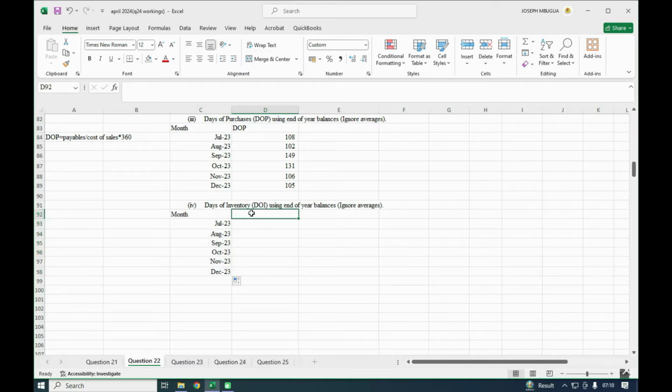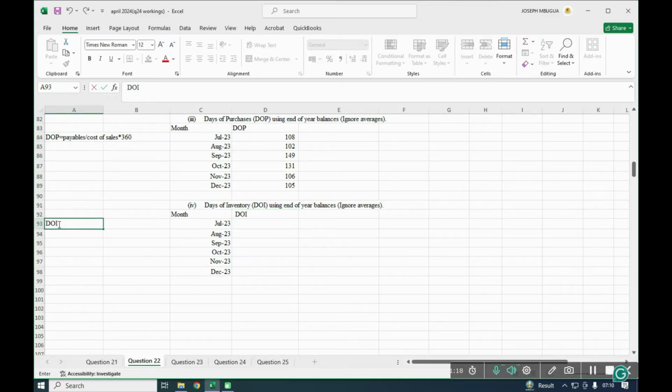So here is the DOI, days of inventory. And when you're calculating days of inventory, this one will be inventory over cost of sales still by 360 days.